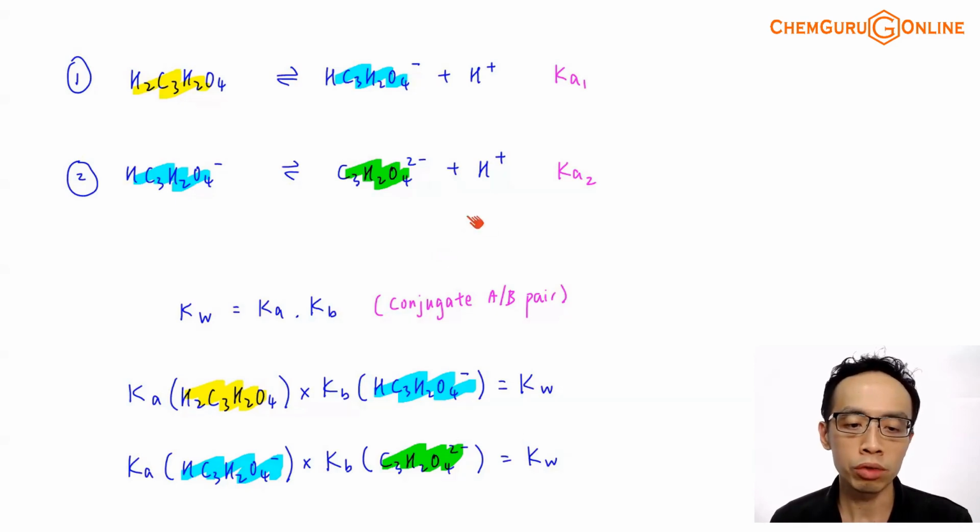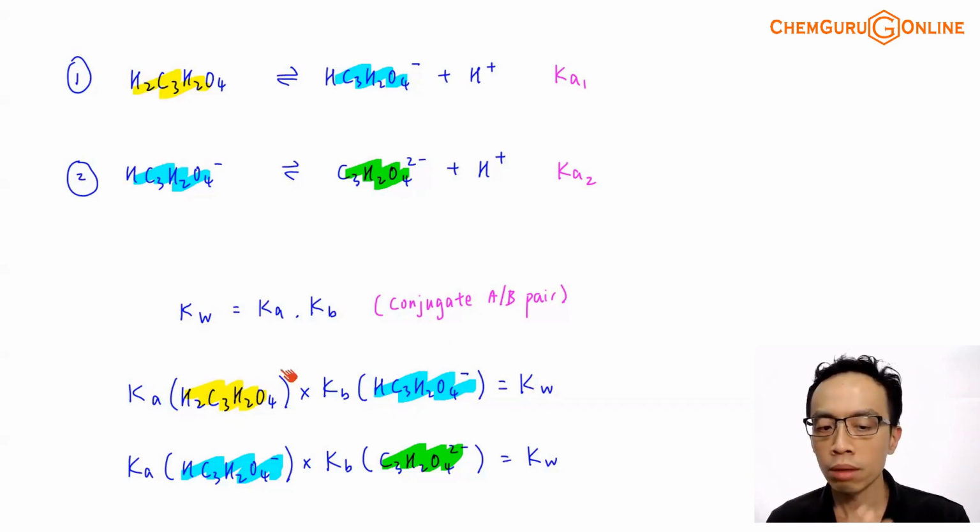The question is asking me to solve for the Kb of HC3H2O4 minus, basically the blue species that we've highlighted. So we will focus on this first equation here. Ka of the yellow guy multiplied by Kb of the blue guy, which is what we want to determine, is equal to Kw.